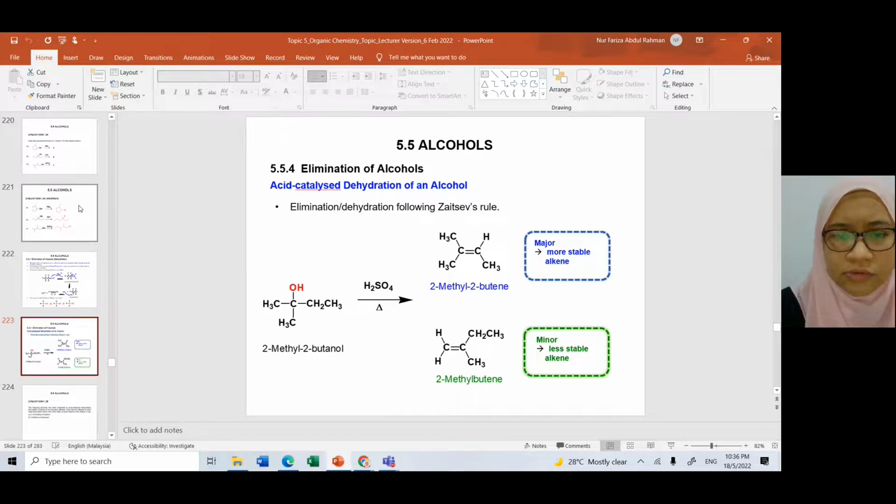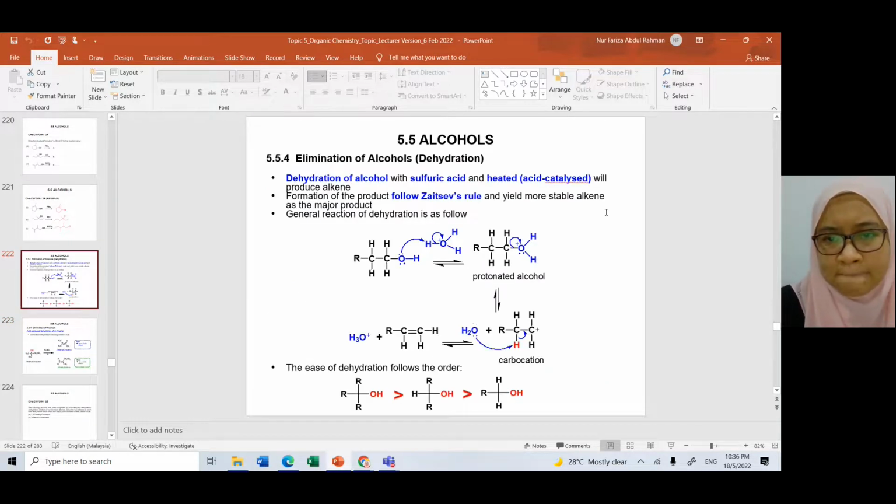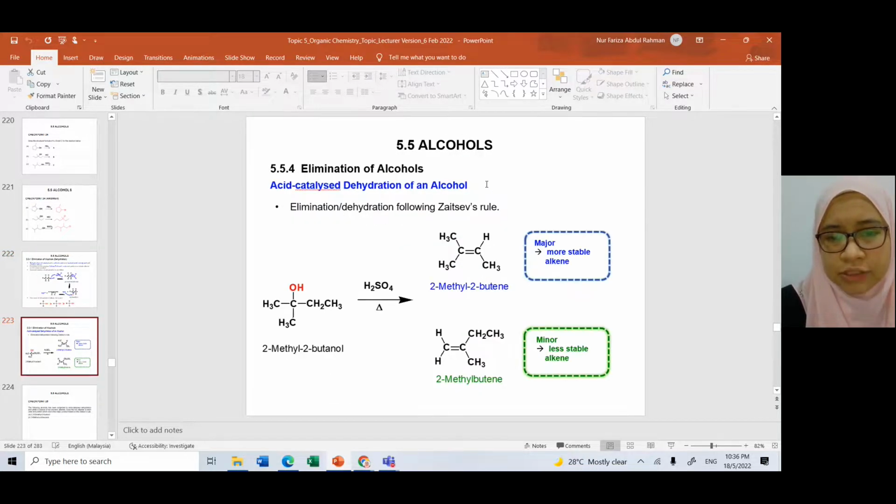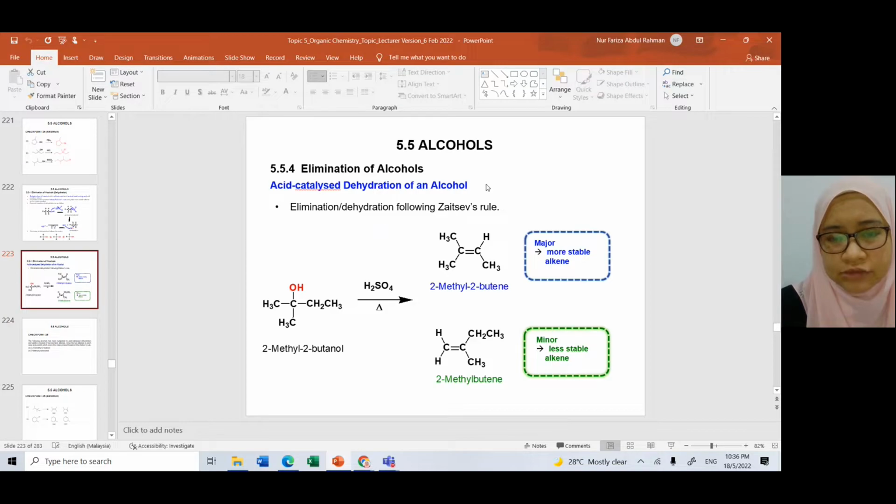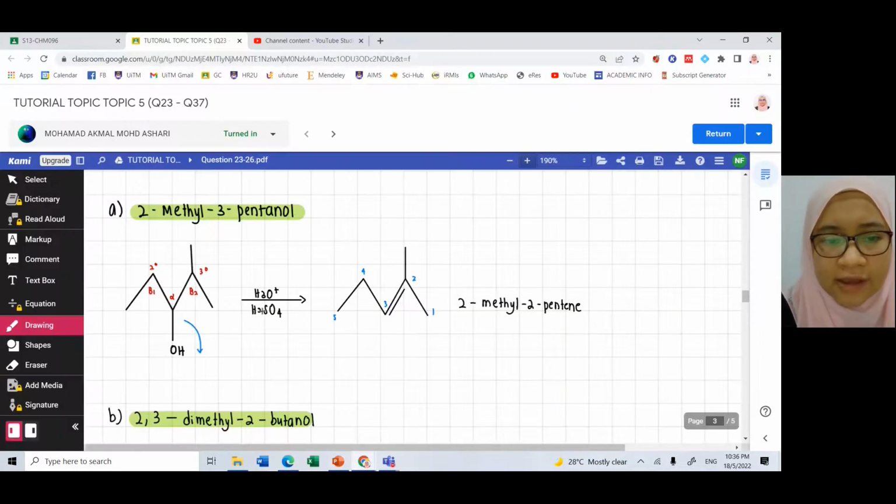We would use sulfuric acid and it should be heated. You can use only H2SO4, or you can use either one, H3O+ or H2SO4. And then you need to have the heat.